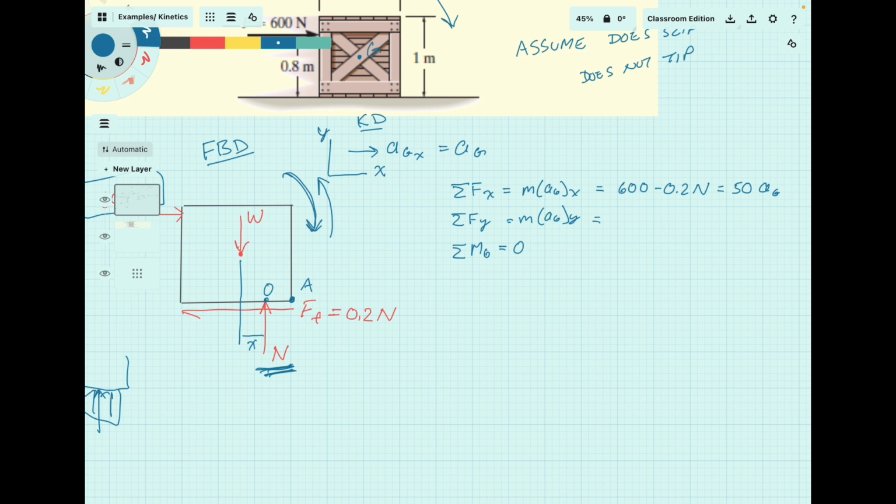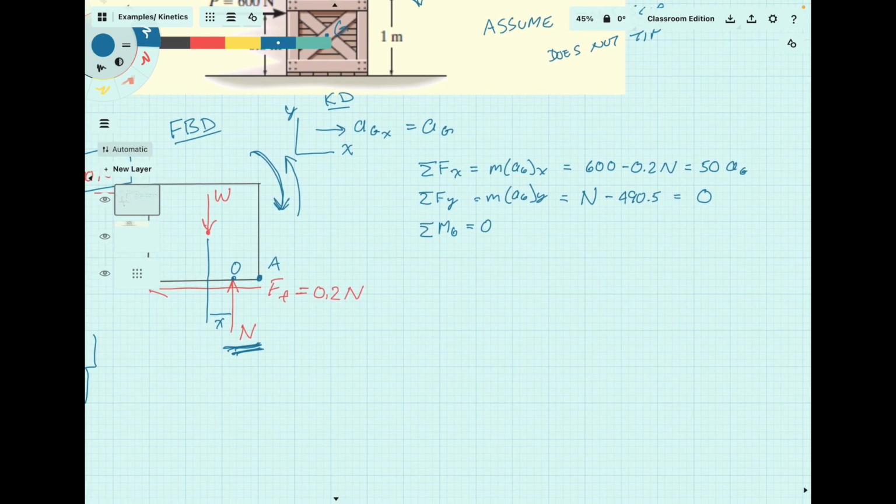In Y, we're going to have N minus the weight, which is mass times gravity, giving us 490.5, and that is going to be equal to 0. It's not moving in the Y direction.